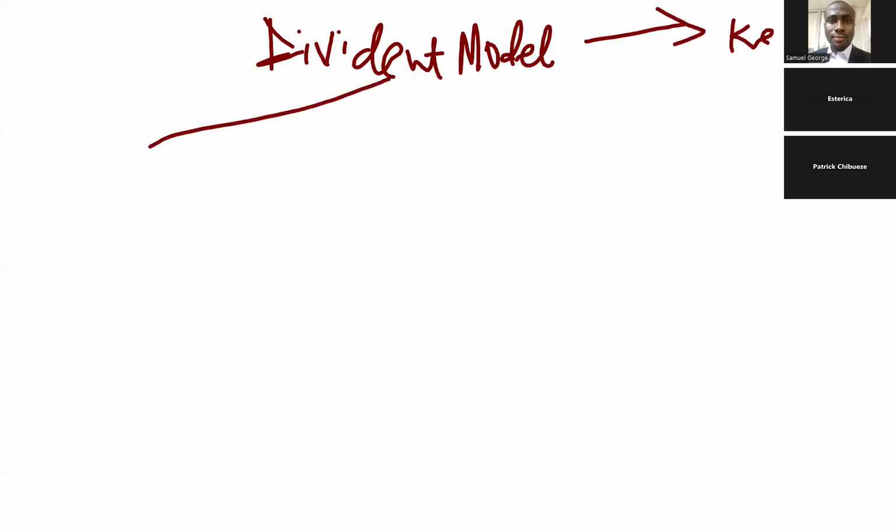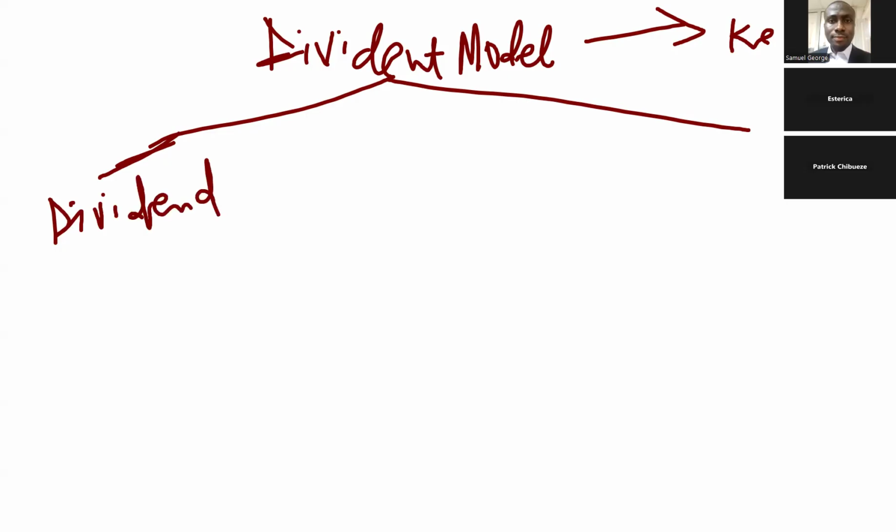Now, using the dividend model for KE, we have two classes. You have to determine whether dividend is constant or dividend is growing.